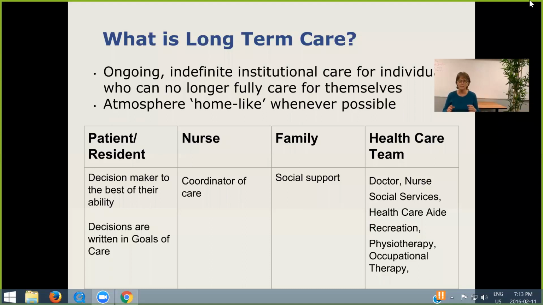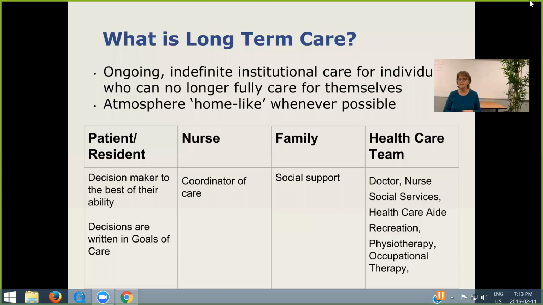And that might be somewhat different from some of your backgrounds. I know some of you will have the background where the families make the decisions together. But here in Canada, we consider the patient themselves to make the decision, and that's in our standards of practice for patient-centered care, and it's also in our laws governing healthcare.